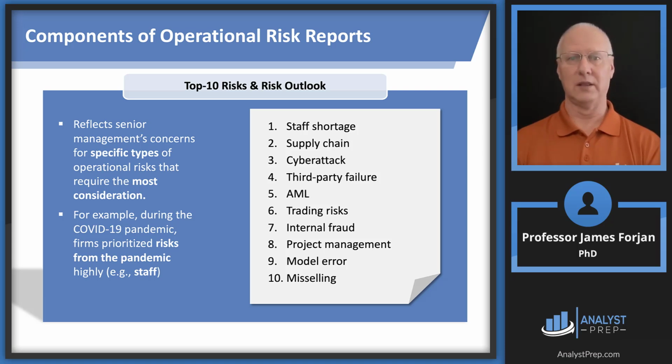Well, clearly there's a risk outlook and an action plan, or at least there ought to be. And then money laundering, that's always a fascinating topic because it shows up in movies all the time. And I've said this to you before, I'm a voracious reader, so I read all the time fiction novels about money laundering. There's trading risk, we know about that, internal fraud, model error, and then mis-selling.